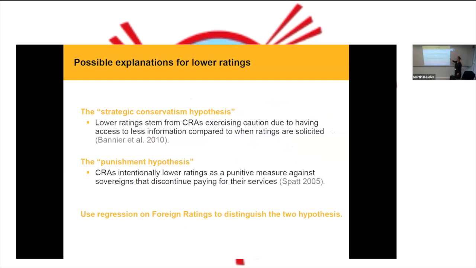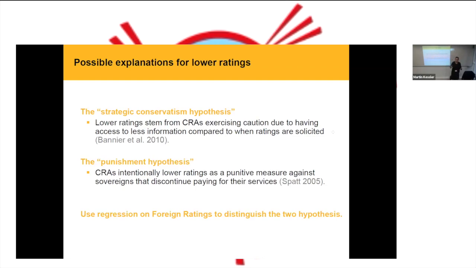But how do we try to explain these differences in terms of solicitation and ratings? Well, there are two hypotheses in the literature that often pop up. The first one is the strategic conservatism hypothesis. Basically you have less information, so it's an information channel.